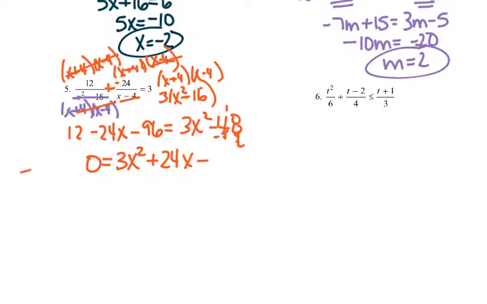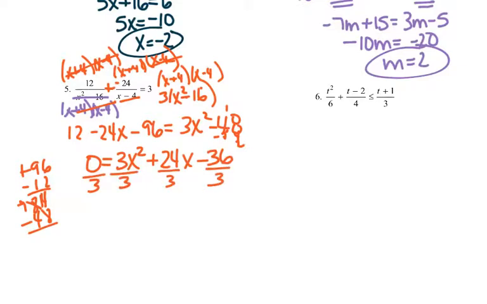Doing too much in my head. Negative 96 and 12 is negative 84. And then I'm going to add that, so it's 84 minus 48 is 36. Then I divided everything by 3, making my life and my equation a lot easier.